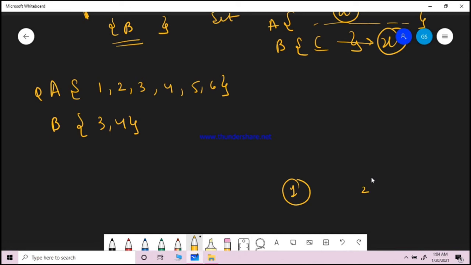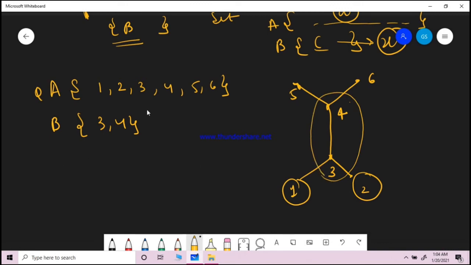This is 1, 2, this is 3, this is 4, this is 5. This is given to you. I don't know what the relation is, but this diagram is given. Now you have to focus on this subset. This is your subset.